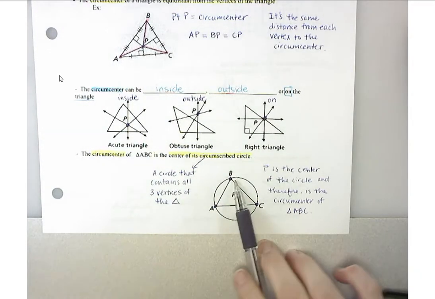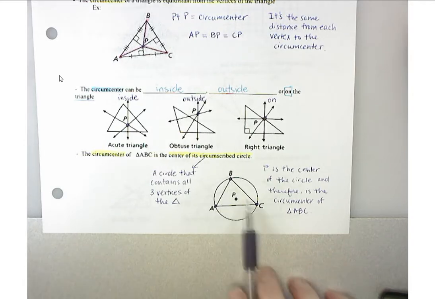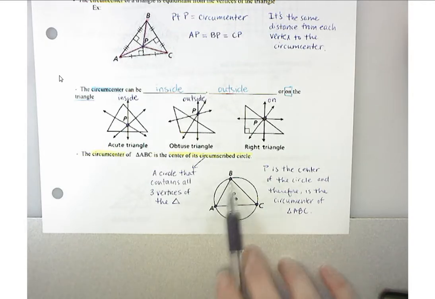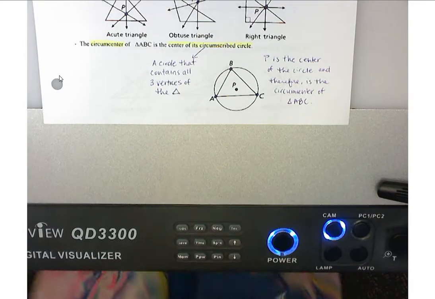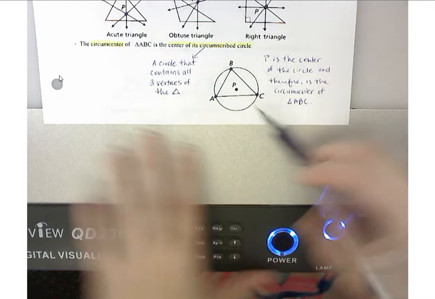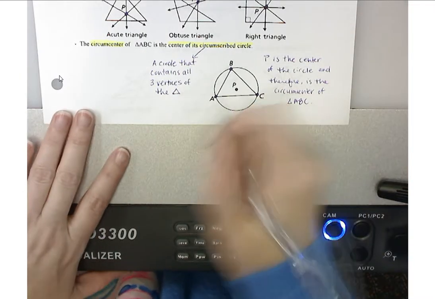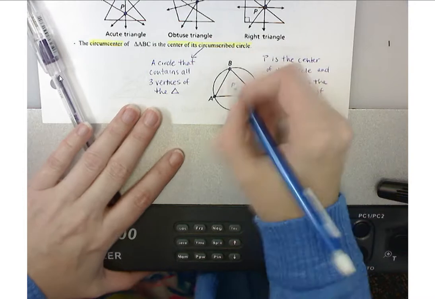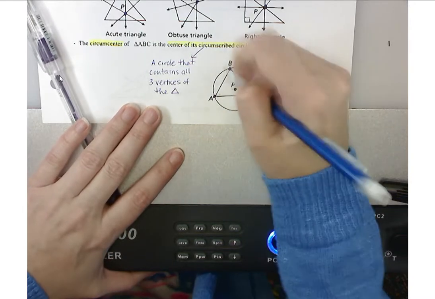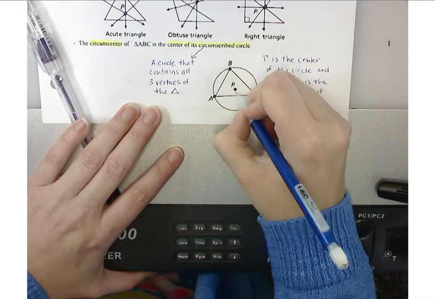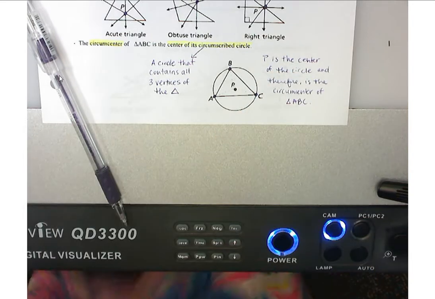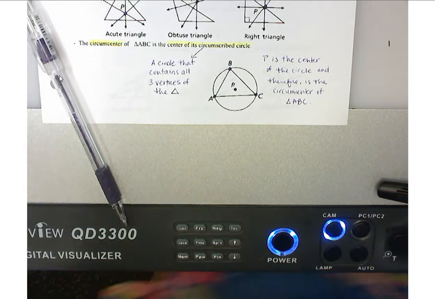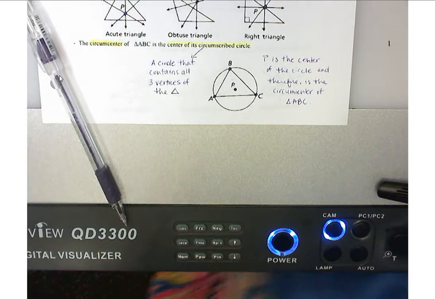But if we know that it's a triangle where all of its vertices are on the circle, then we know that this is a circumcenter, which means you know that all of these lengths from A to P, from B to P, and from P to C are congruent, because that's what the circumcenter tells you. Okay, the circumcenter is going to be equidistant from each of those vertices.